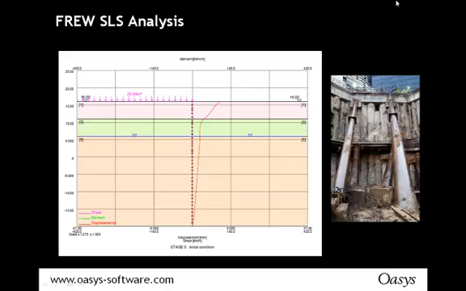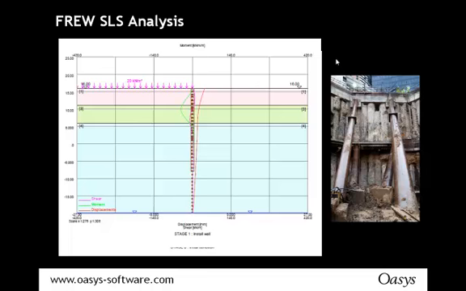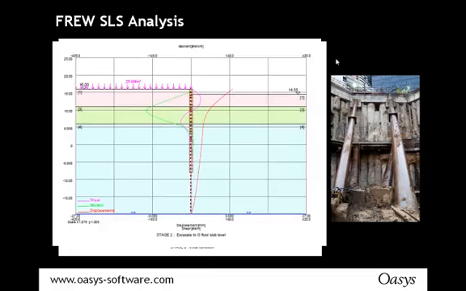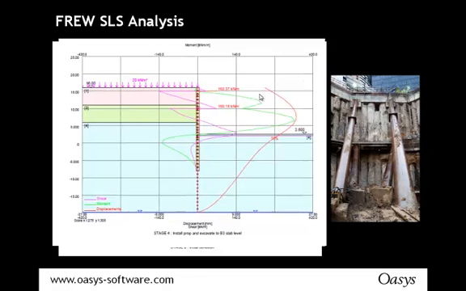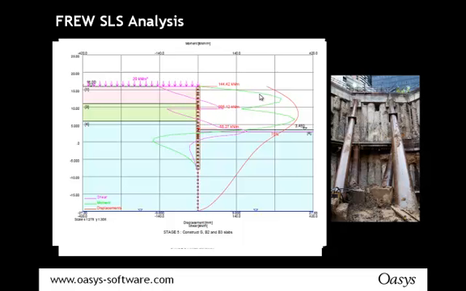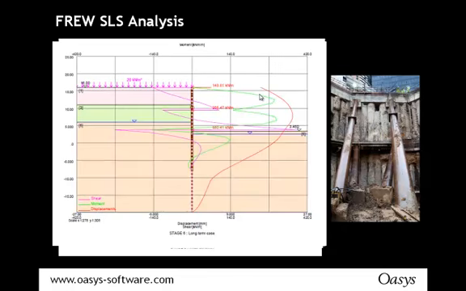So if you look, here's the initial condition, the installation of the wall, the excavation to ground floor slab, the excavation to basement level 2 slab, the excavation to basement level 3 slab, the construction of the slabs in the basement levels and the ground floor slab, and then the long-term case. So what happens in the long term, and then the drained to undrained transition, or the undrained to drained transition in this case.